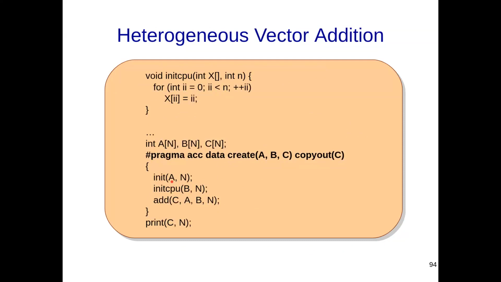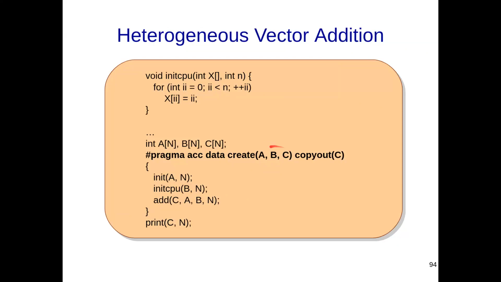And initialization of A is okay because that is happening directly on the GPU. But initialization of B is happening on the CPU. So that way this creation of B is redundant. That currently doesn't pose any issues as far as correctness is concerned. However, there will be performance aspects which will come into picture.